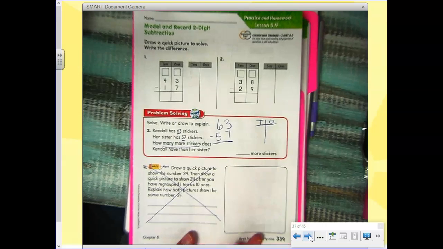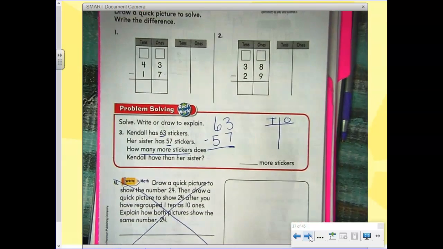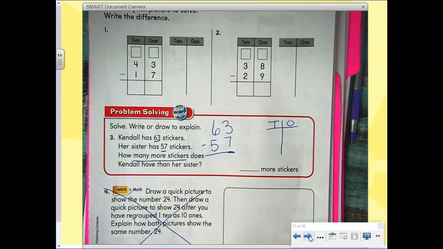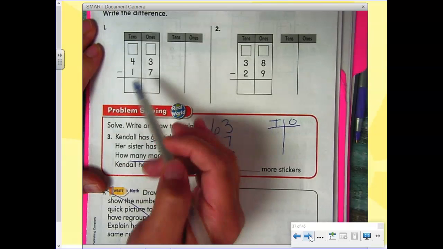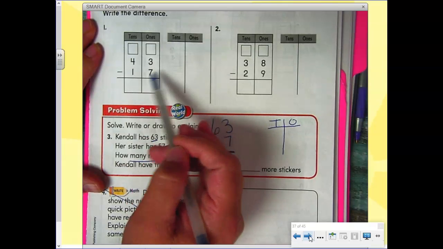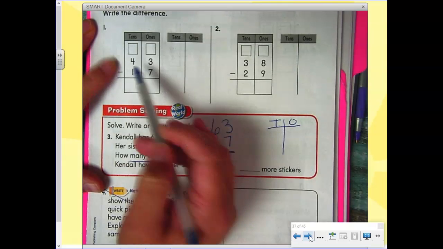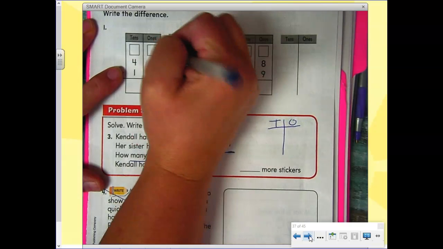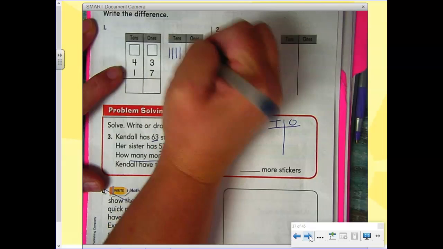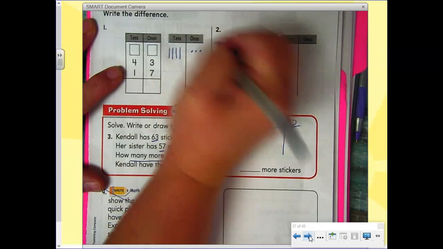I'm going to make mine a lot larger so we can focus on the problems. Alright, number 1, we had 43 minus 17. So 43 is 4 tens and 3 ones.